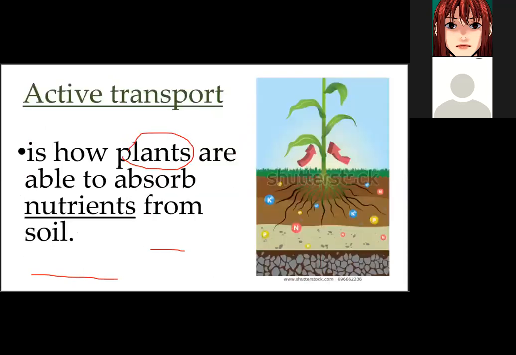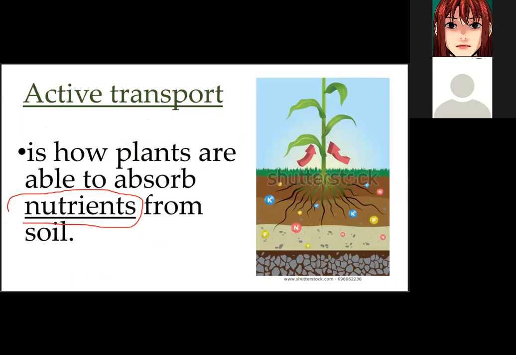Next one, on the next slide here, active transport. Active transport is how plants are able to absorb nutrients from the soil. What are these nutrients? Do you know? It's like the fertilizer.